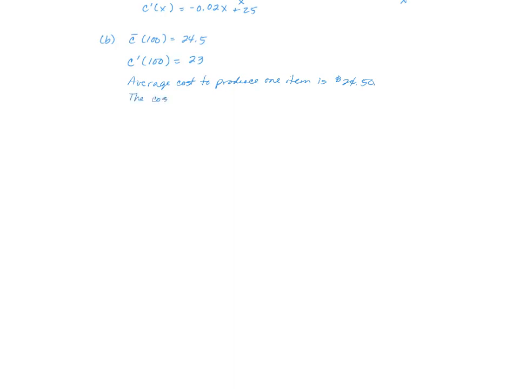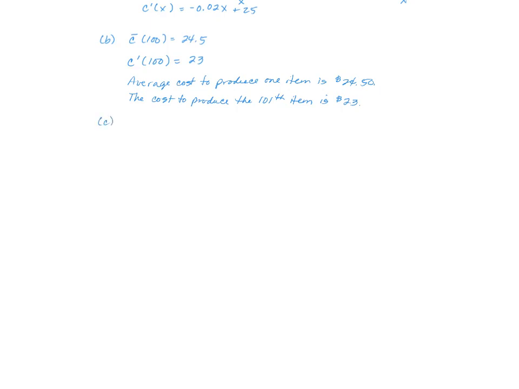The cost to produce the 101st item should be about $23, which is good. That marginal cost is lower than the average cost.